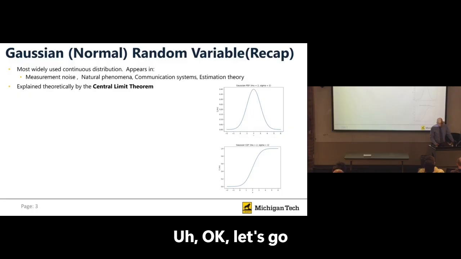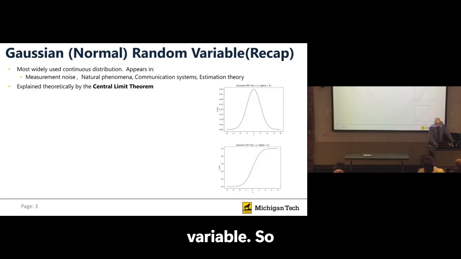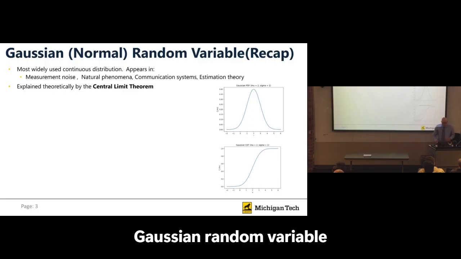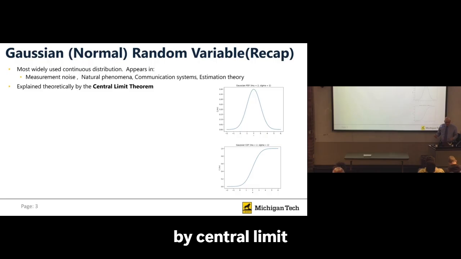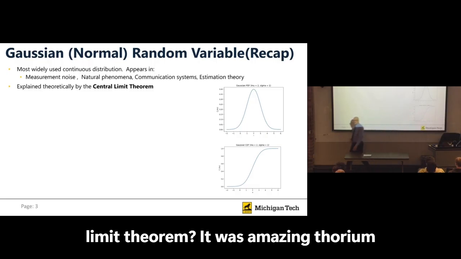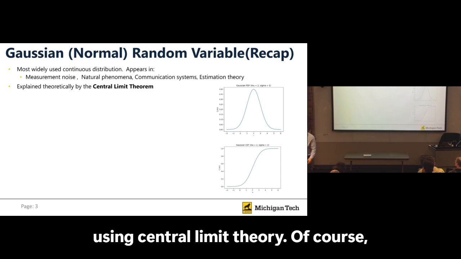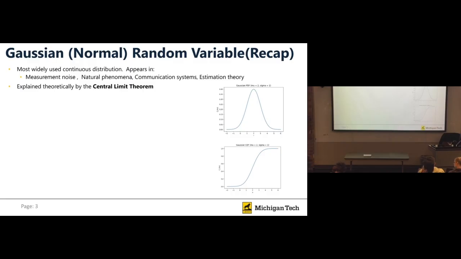Okay, let's go back and review, a recap about the Gaussian random variable. The Gaussian random variable is explained theoretically by the central limit theorem. Does anybody remember the central limit theorem? That was an amazing theorem, actually. You can explain so many things using it. If you have enough events, eventually it will converge to a normal distribution.